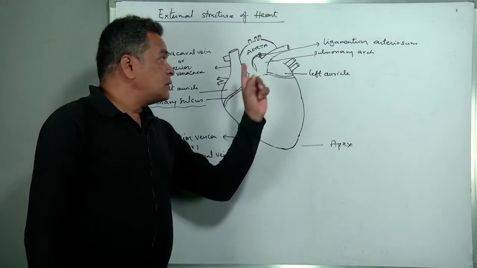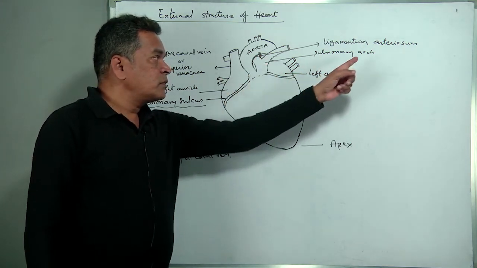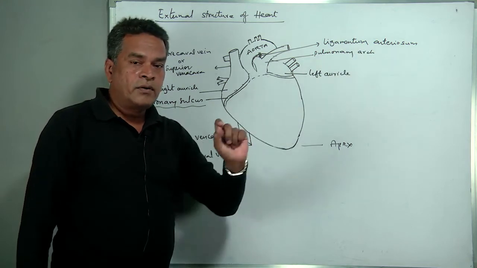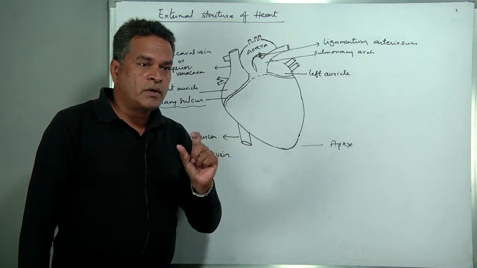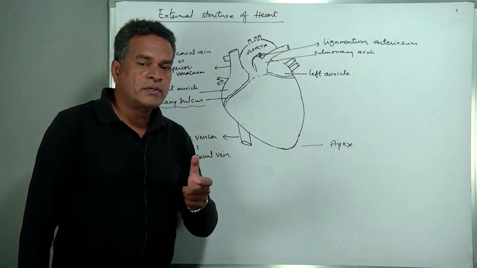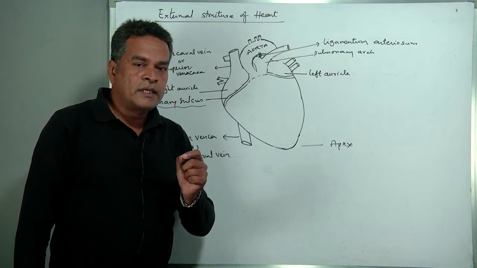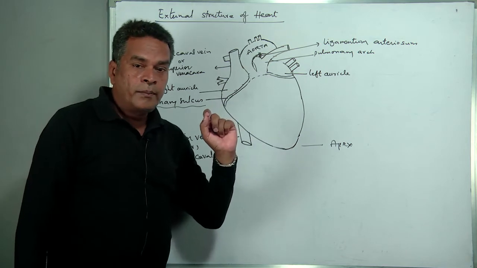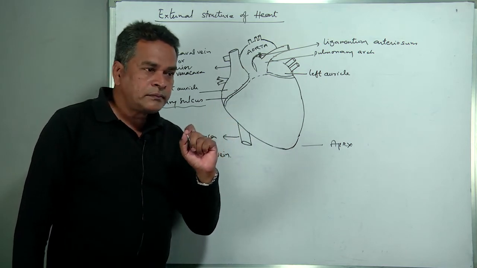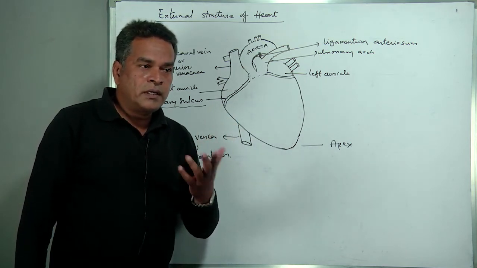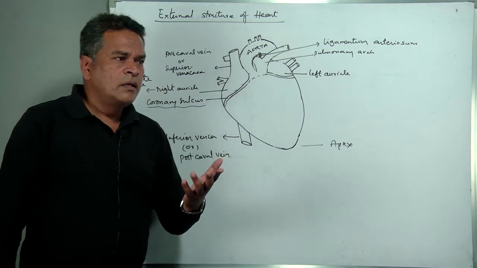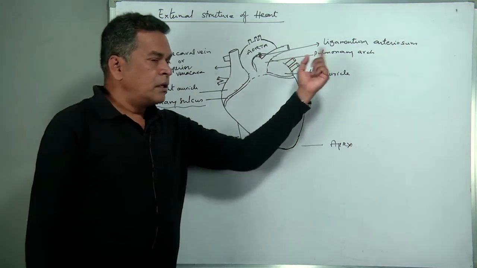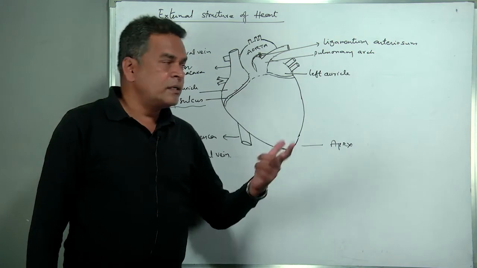What is the ductus arteriosus? It is a small blood vessel that connects the aorta and the pulmonary artery. What is its function? It is rudimentary and non-functional in adults, a vestigial part.